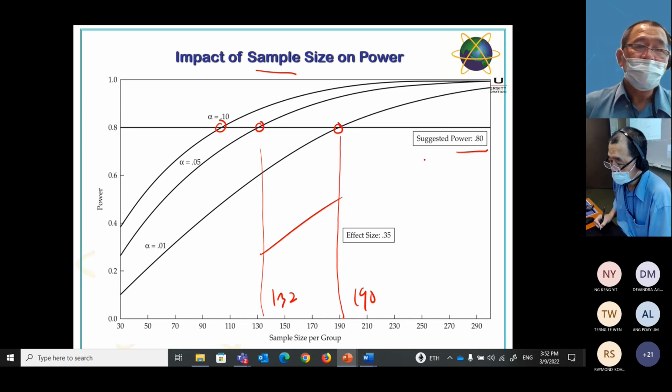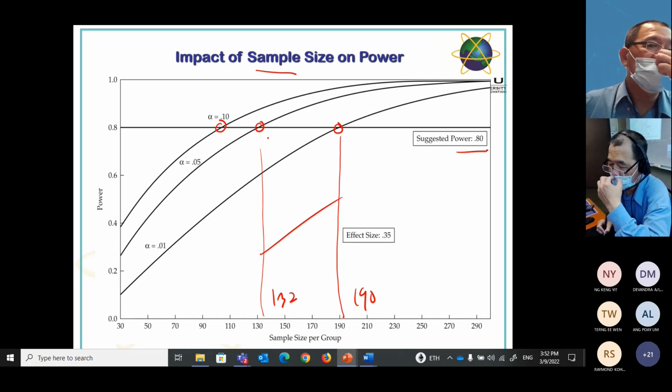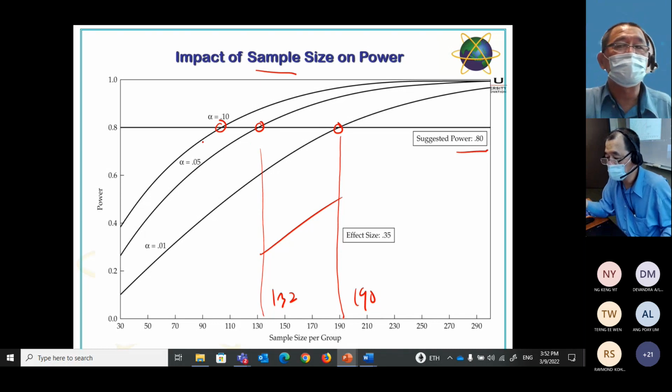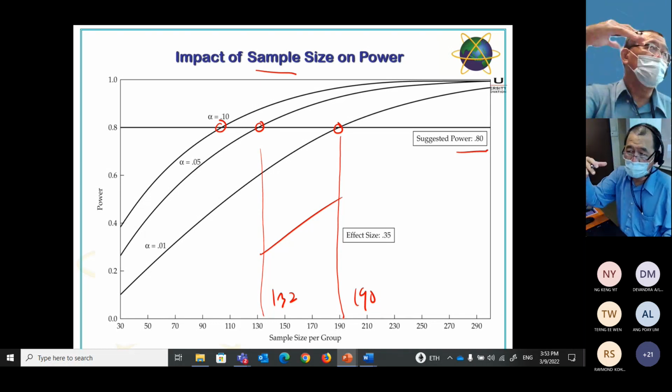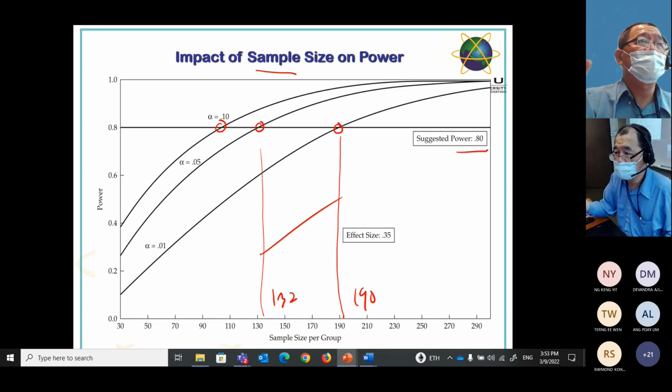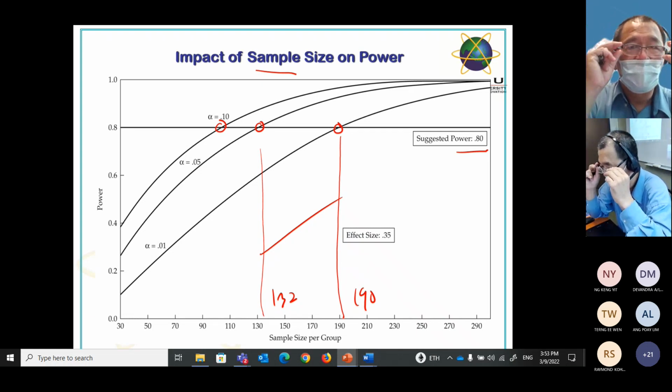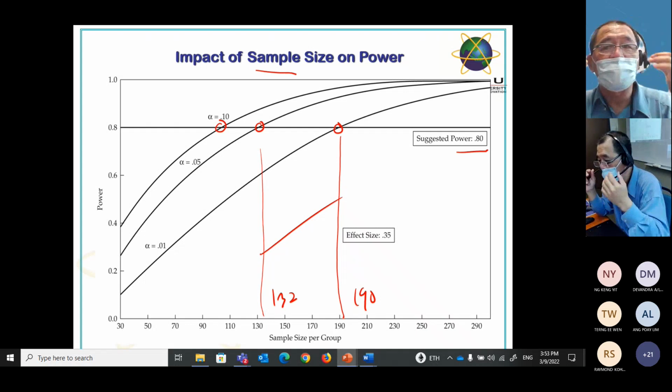Okay. So therefore, with larger alpha, it is easier for us to reject the null hypothesis. Remember, larger power means it is easier for us to reject the null hypothesis. This is the sample size and the alpha.